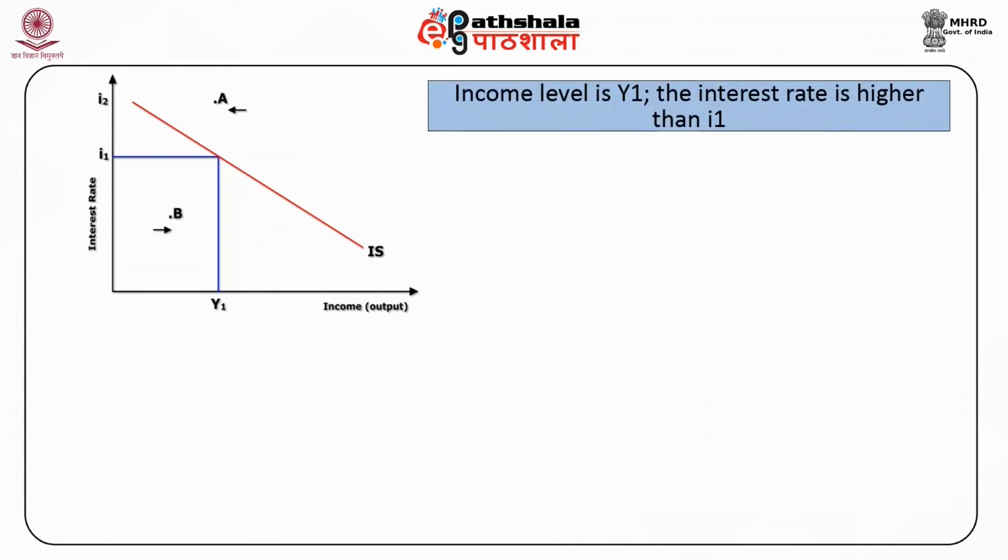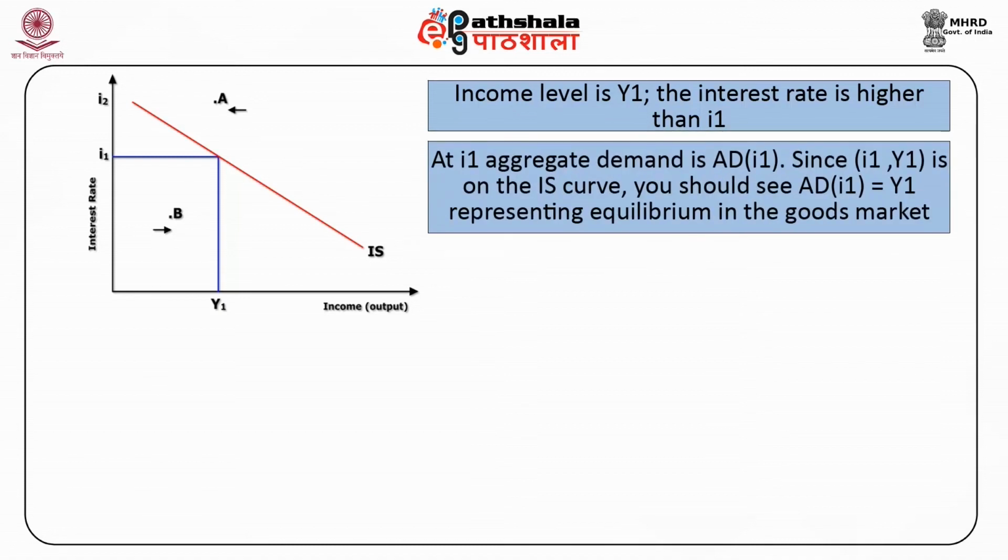Here, the income level is Y1, but the interest rate is higher than I1. Suppose at I1 aggregate demand is AD(I1). Since (I1, Y1) is on the IS curve, you should see AD(I1) is equal to Y1, representing equilibrium in the goods market.